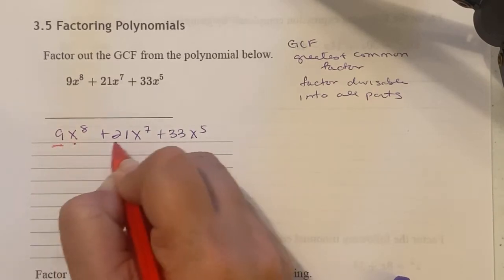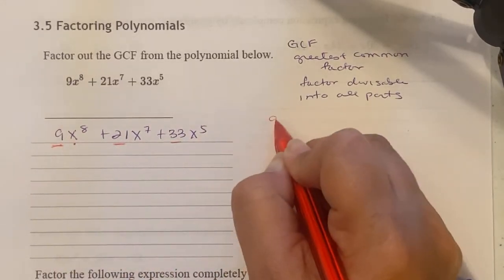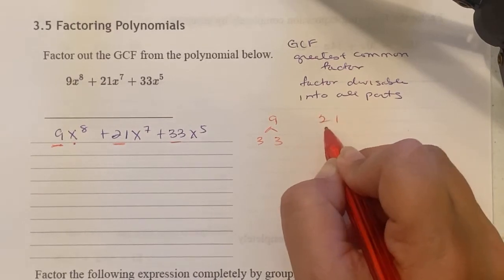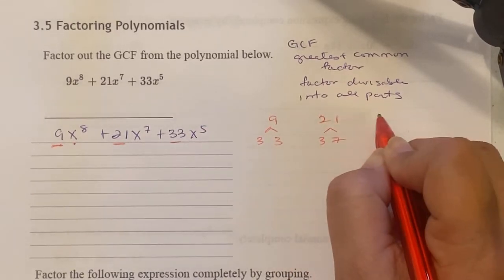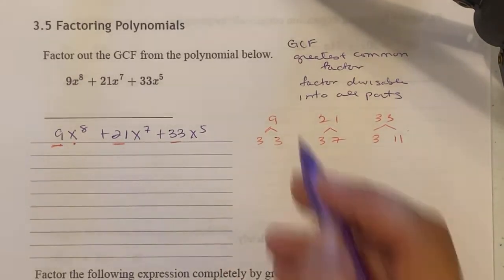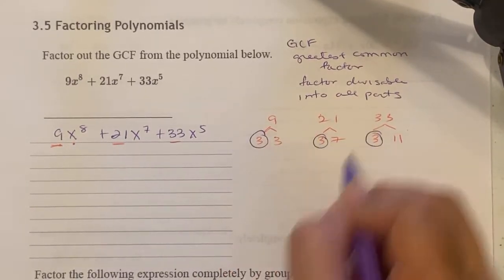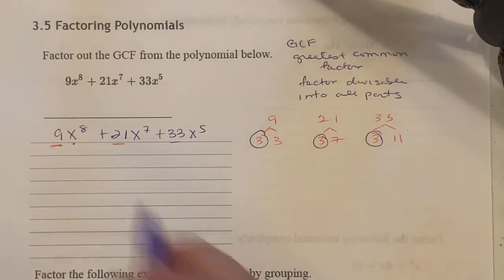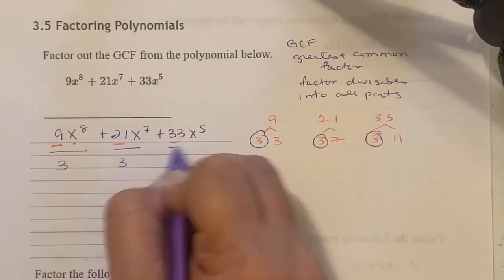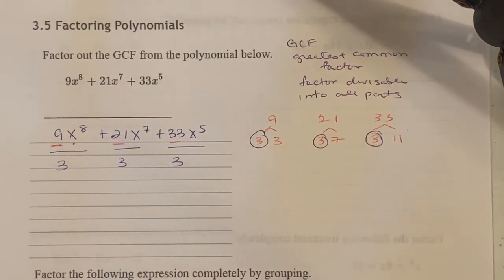I'm underlining my numbers. So 9, the factor of 9 is 3 and 3. 21 is 3 and 7. 33 is 3 and 11. Well, I notice that they all share a 3. So I know that I'm dividing each of them by a 3.